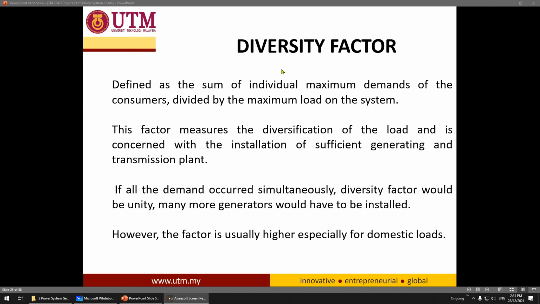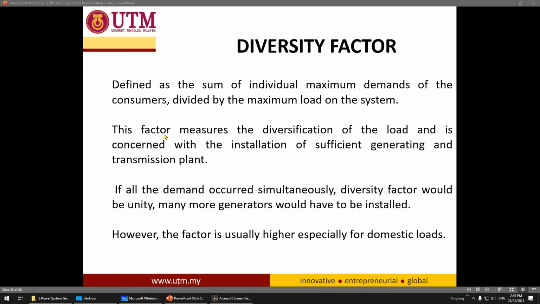We continue with the diversity factor. Diversity factor is defined as the sum of individual maximum demands of the customers divided by the maximum load demand of the system.